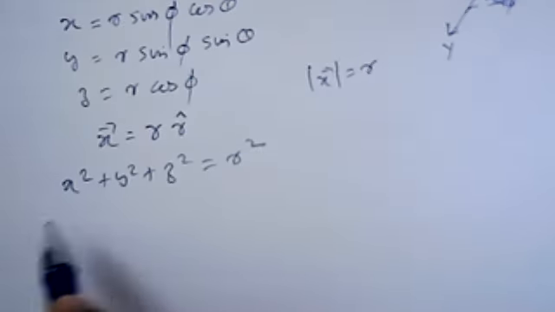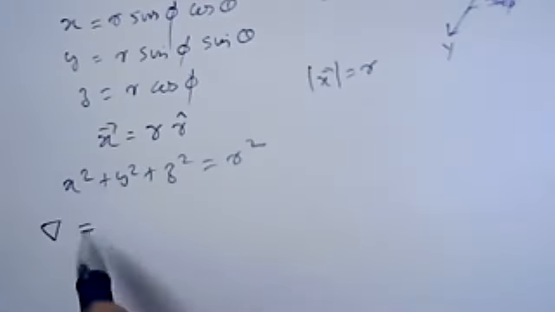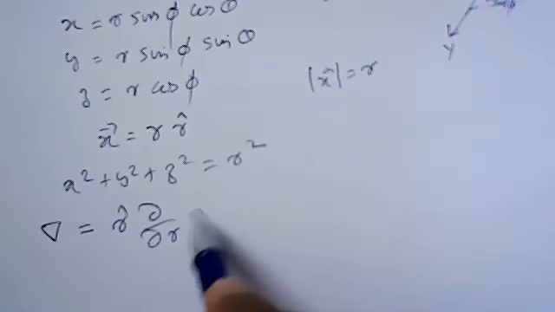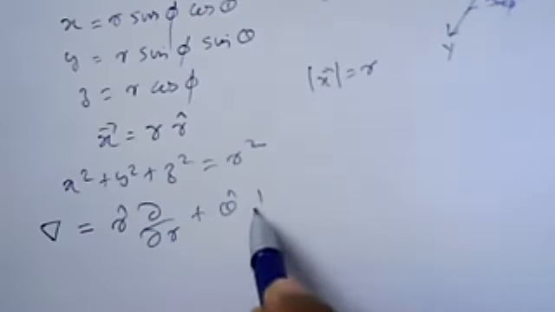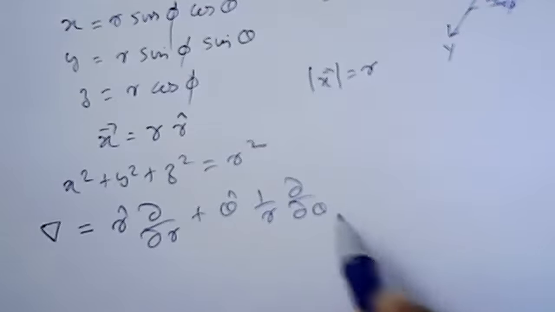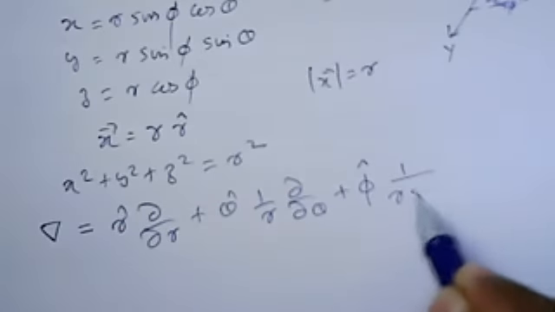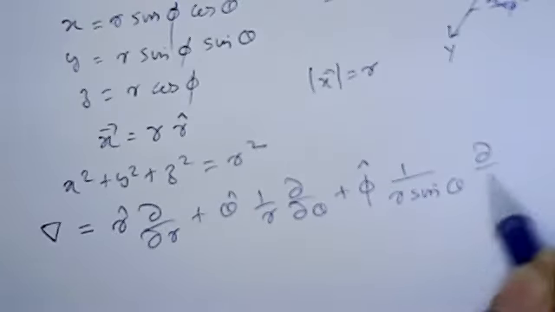Now the del operator and del squared operator in spherical polar coordinates are known to us. Del is nothing but unit vector r ∂/∂r plus unit vector theta (1/r) ∂/∂theta plus unit vector phi (1/(r sin theta)) ∂/∂phi.